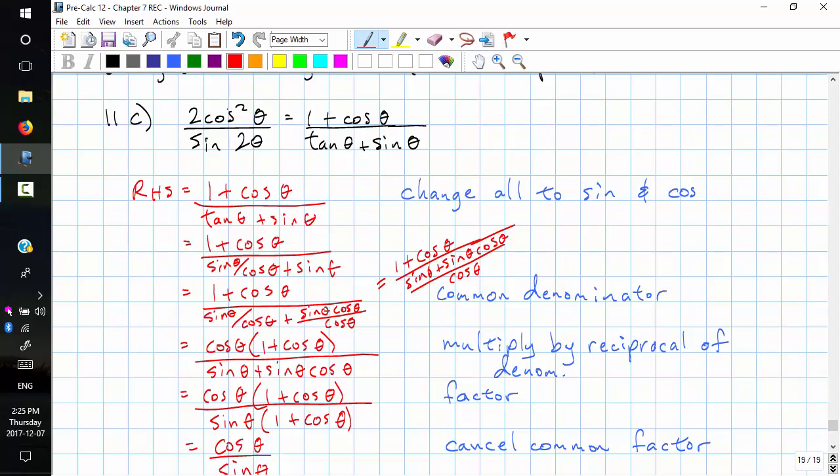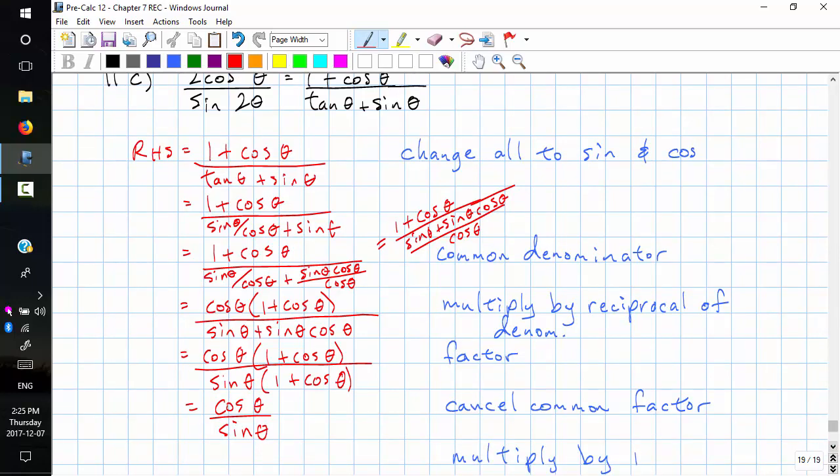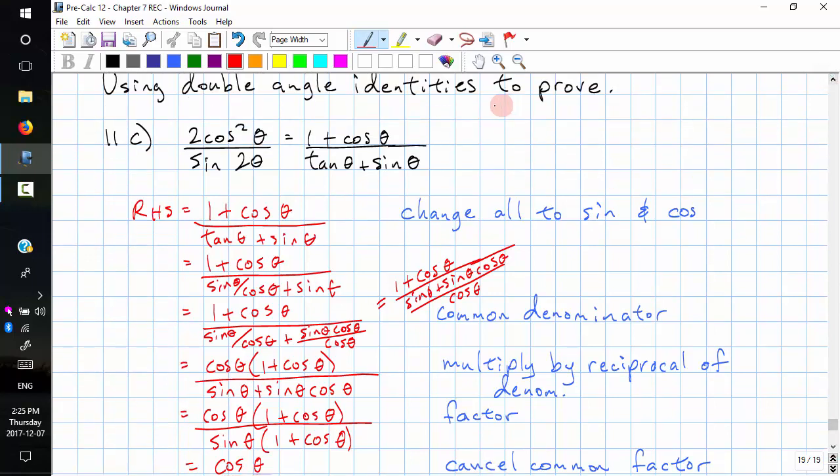So this is where you might want to do some reverse engineering and work with both sides. So left-hand side equals 2 cos squared theta over sine 2 theta. This is temporary work. It's not part of our solution. We notice that this is a double angle identity, so we get 2 cos theta, cos theta.